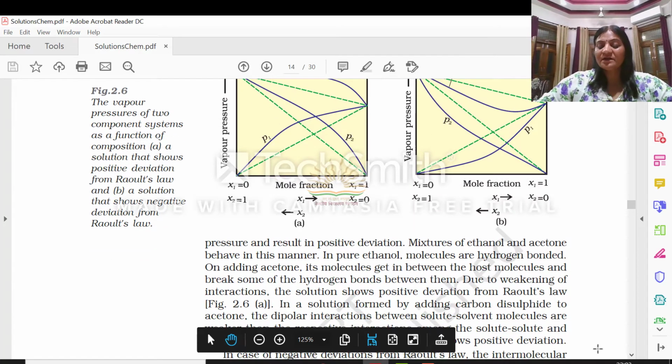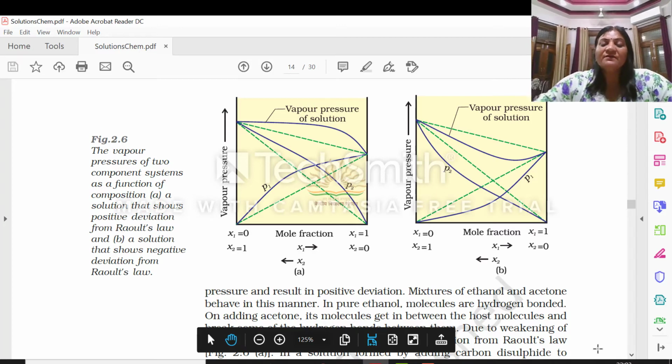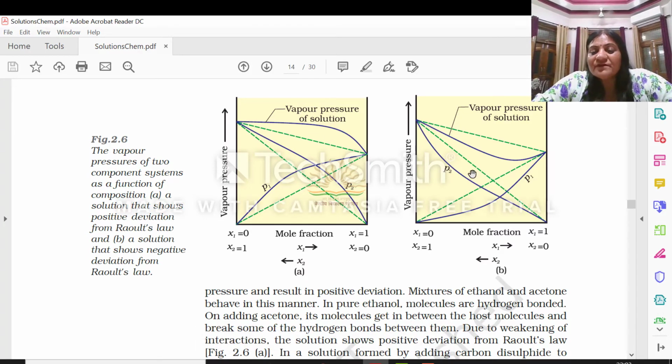Now this is the graphical representation and it is important again from the examination point of view. Here the green dotted line graph is Raoult's law.